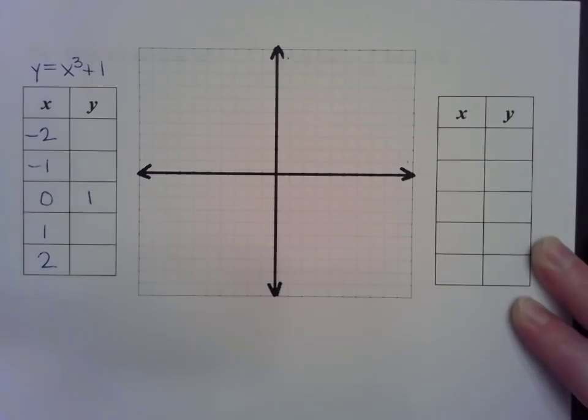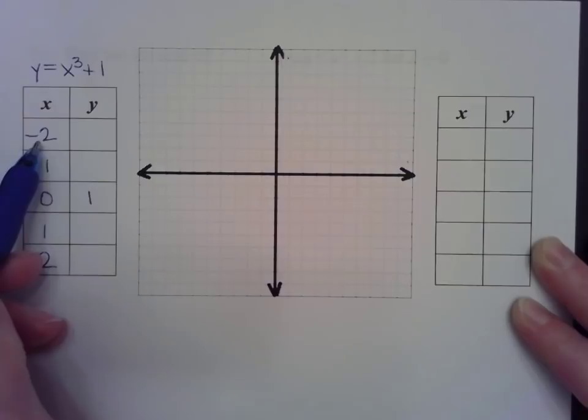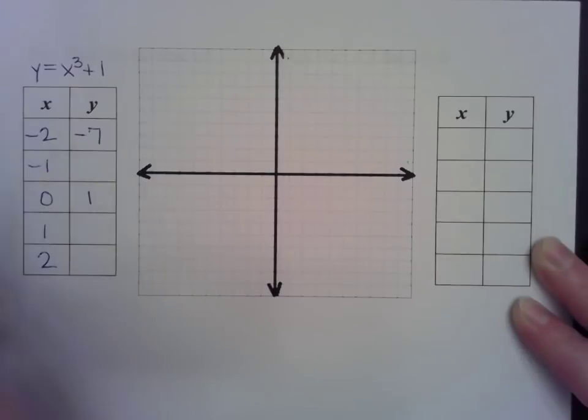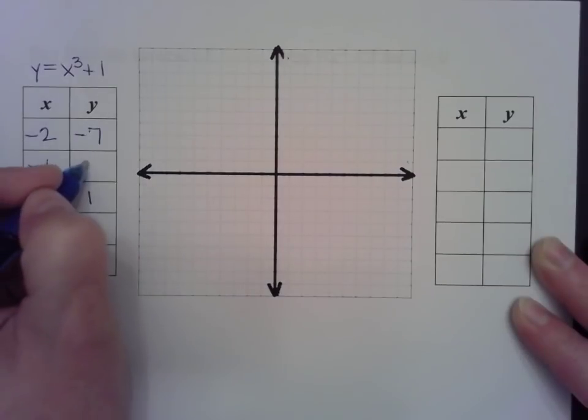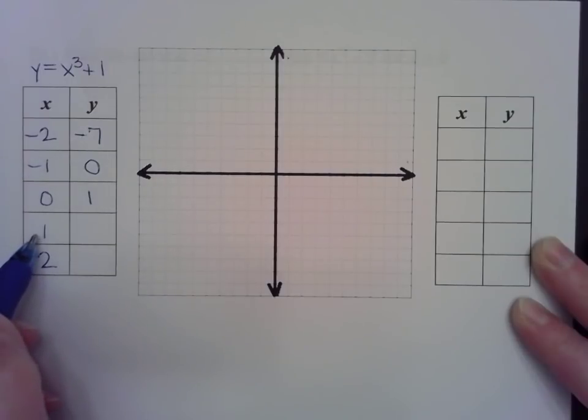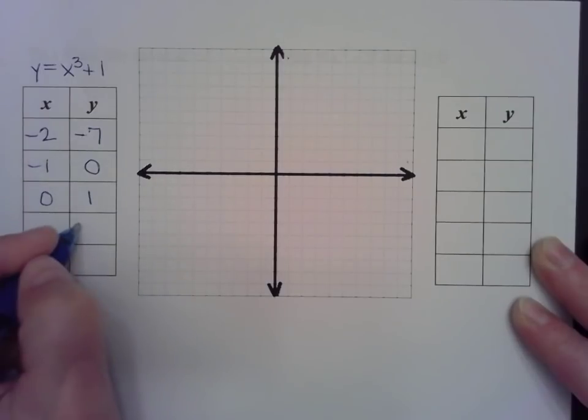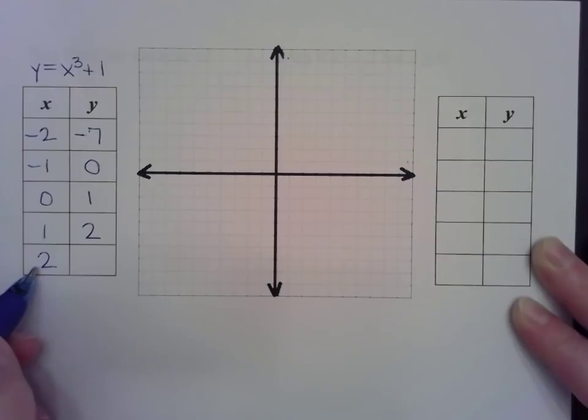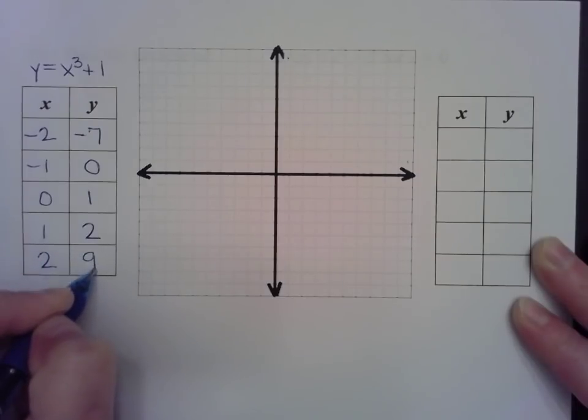Okay, because it's moved up by 1. And we could plug all these in. So if I cube -2, I get -8, plus 1 would be -7. -1 cubed would be -1, plus 1 would be 0. 1 cubed would be 1, plus 1 is 2. 2 cubed would be 8, plus 1 would be 9.